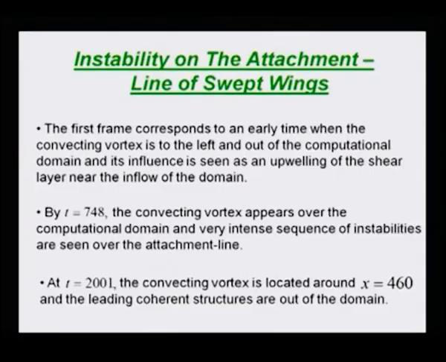Now, in fact, if you look at the first frame, the top frame, that corresponds to a time when the convecting vortex is outside the computational domain. So, even there when it was out of the computational domain, its influence is clearly seen here.